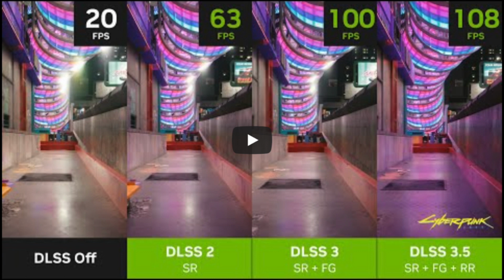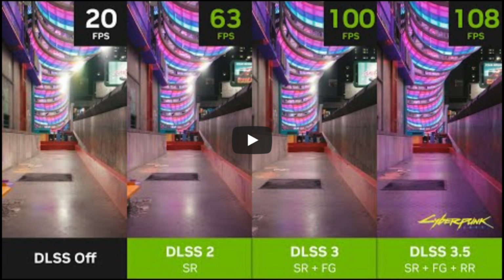Now they say DLSS 3.5 is gonna work with all GPUs, which is true, but you're not gonna get frame generation, which is still only tied to 40 series GPUs. So you will get DLSS 3.5 with probably DLSS 2, which will help out with your ray tracing, and you might get a little bit better FPS.